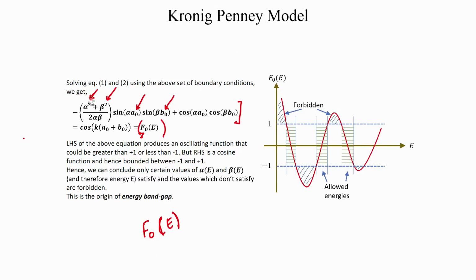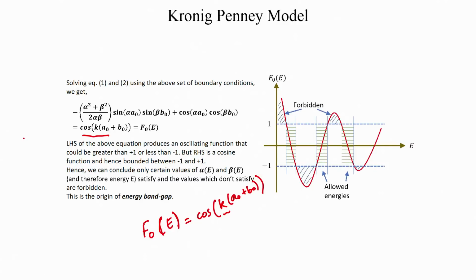And now that function has to be equal to this particular term here. So, we have f naught of e being equal to cosine k a, which is a naught plus b naught, where k is the wave vector.